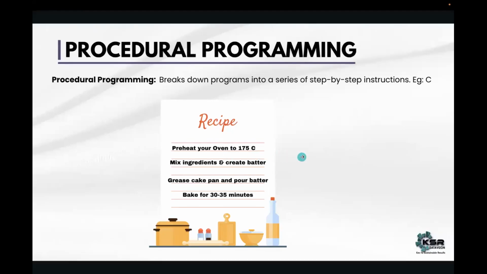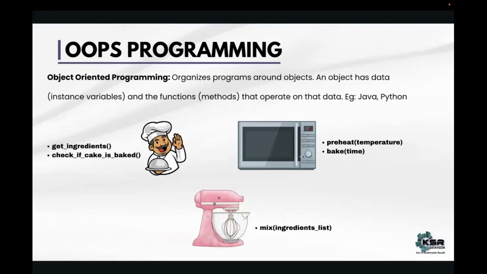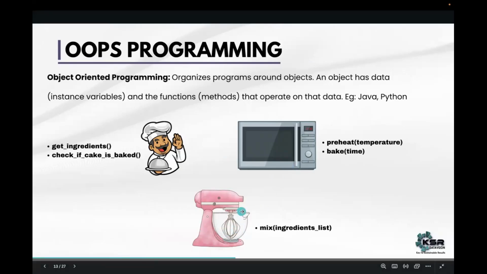Next, we'll see object-oriented programming. In object-oriented programming, you don't do step by step. What you do is define objects. Objects here can be a chef, a microwave, or a mixer.